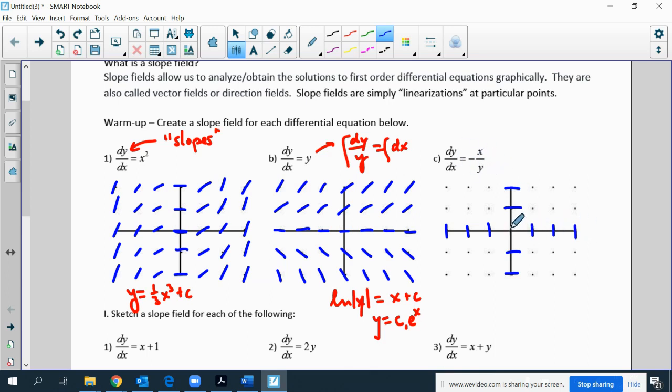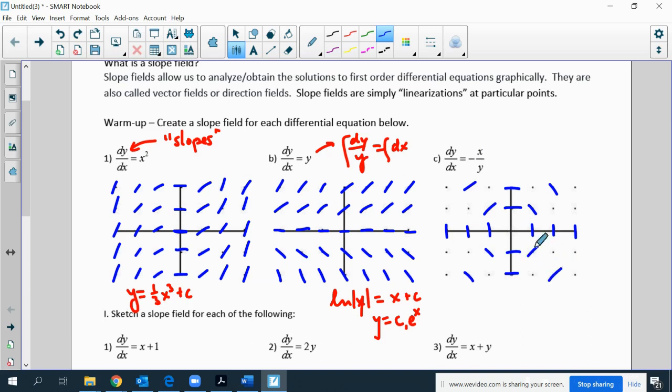At (0, 0), you can't have 0 divided by 0. That is really nasty. So at (1, 1), (2, 2), (-1, -1), and (-2, -2), all of those would be slope of -1, just based on plugging stuff in.